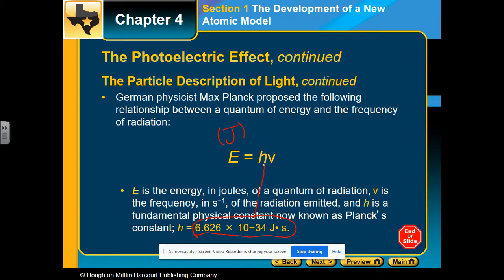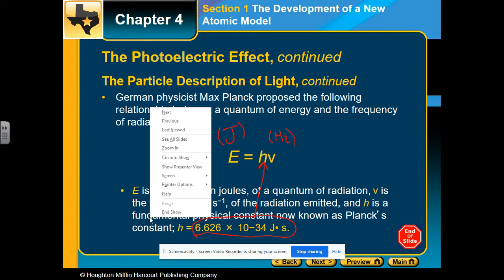Every time you use this formula, 6.626 times 10 to the negative 34 will go in for H. And then, of course, V is frequency, and it is still hertz. We had frequency in the last one, and the units are the same. Let's work a sample problem for this one.